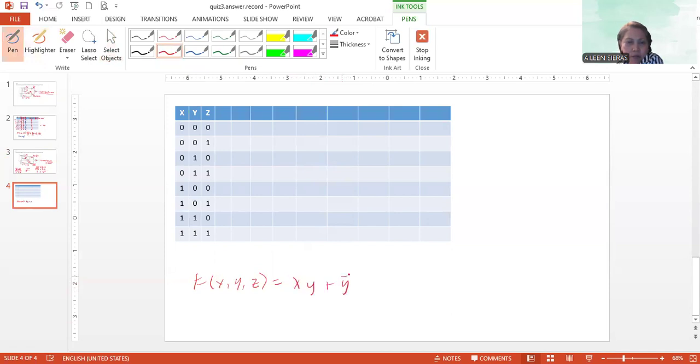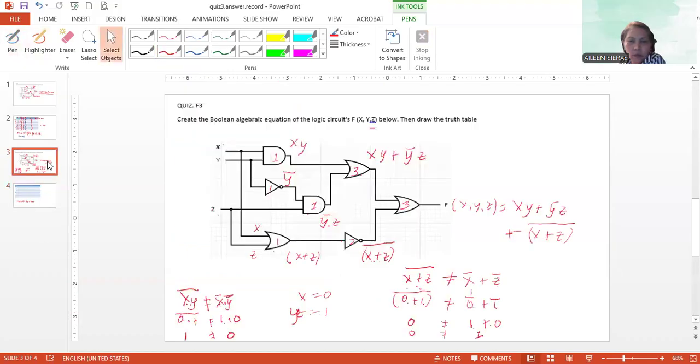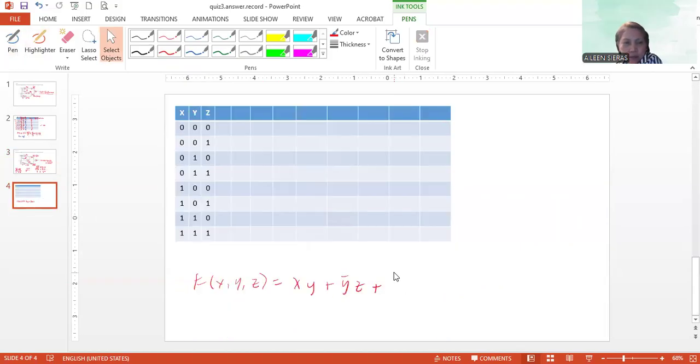xy plus y bar z plus x plus z bar. We haven't applied the Morgan's theorem here.